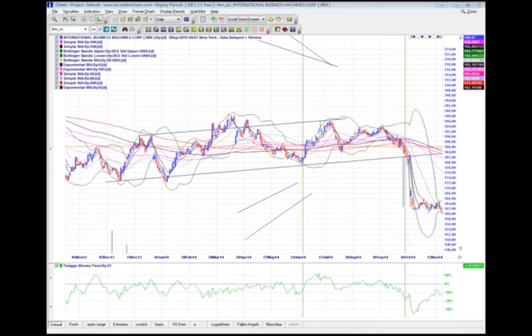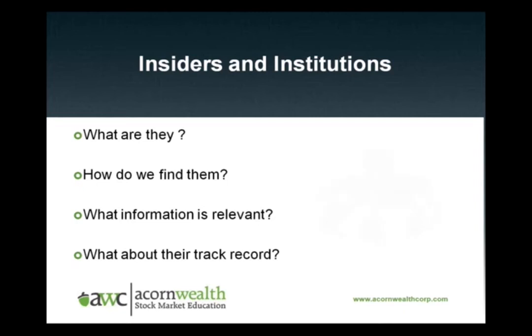Okay, so we'll go back to the slide here because we've got a couple of other things to talk about. We've been talking about the smart money and why that's powerful in looking for divergence, but obviously identifying the actual smart money that's taking place can also be very powerful, especially when we're dealing with options, when we're dealing with earnings season and so forth.